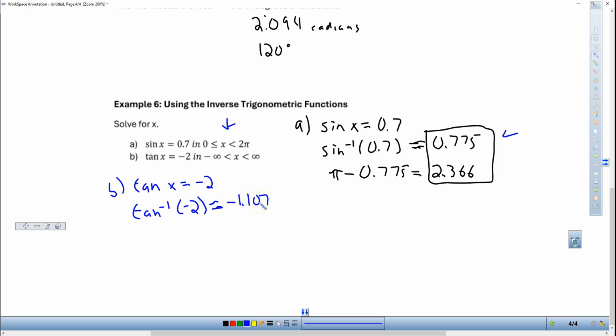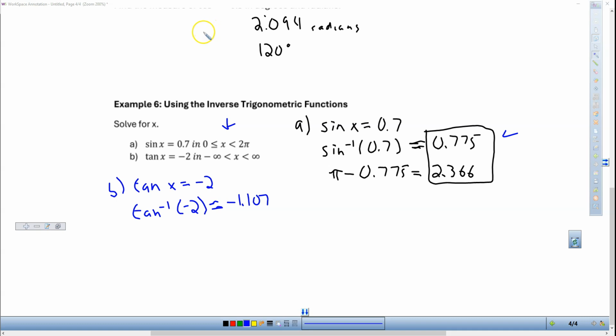And if we look at this interval, this is possibly the only solution to this equation, because when we look at the inverse tangent, it is going to operate between negative infinity and infinity. So in that case, we are pretty good here.